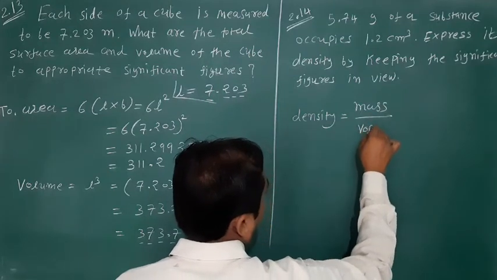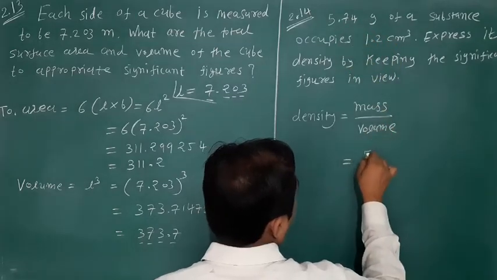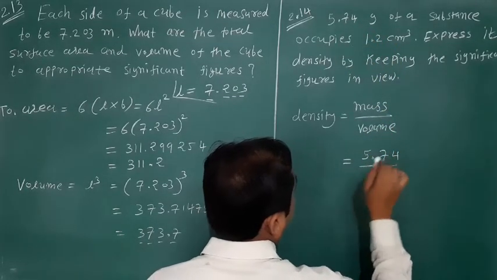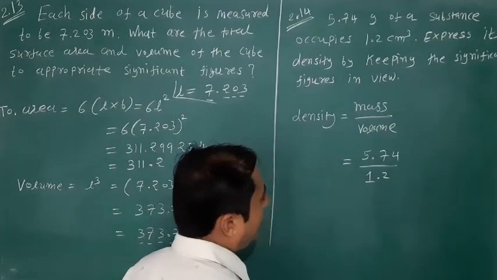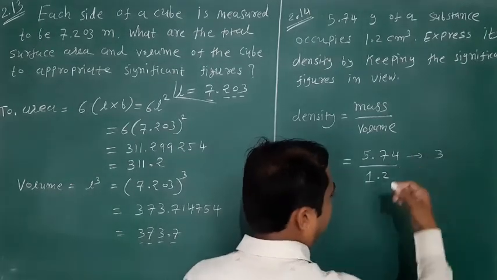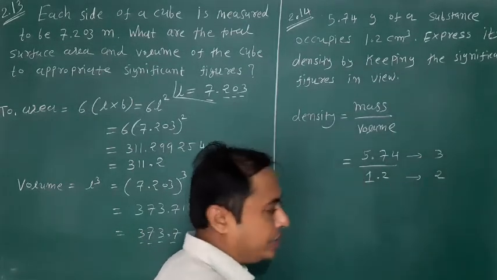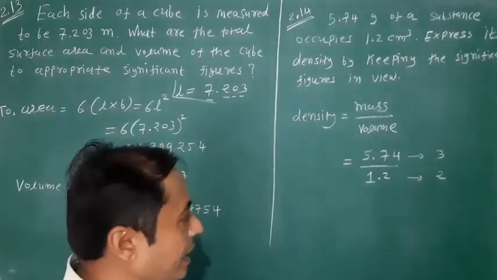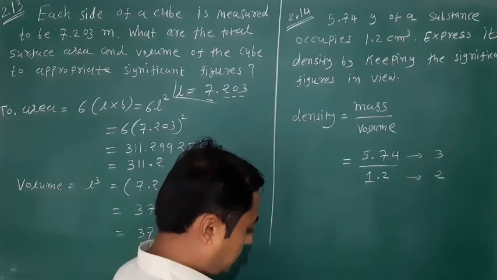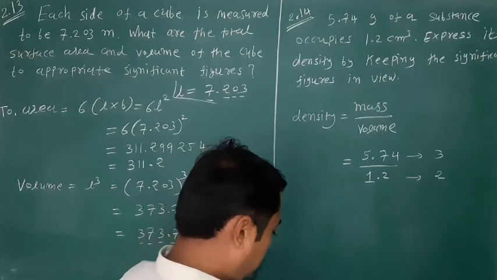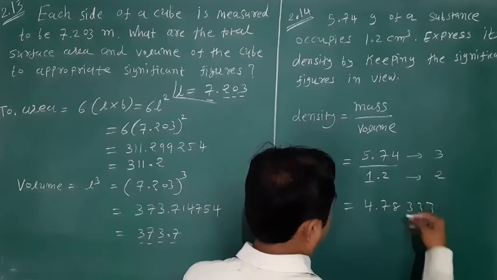Density is mass upon volume. Mass is available, 5.74, and its volume is 1.2. Okay, here mass has 3 significant digits and volume has only 2 significant digits. So first of all, now we calculate. 4.78333.